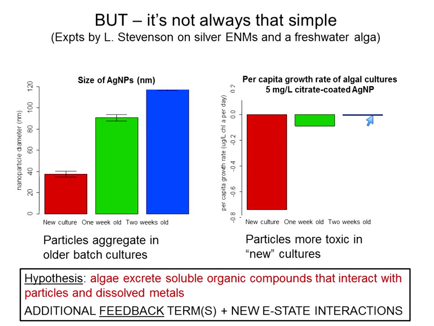And what's more, there are changes in the environment. The particles aggregate more when added to older cultures than to newer cultures. In other words, there is the possibility of some feedback from the environment that interferes with physical-chemical processes, and this is very much still work in progress.